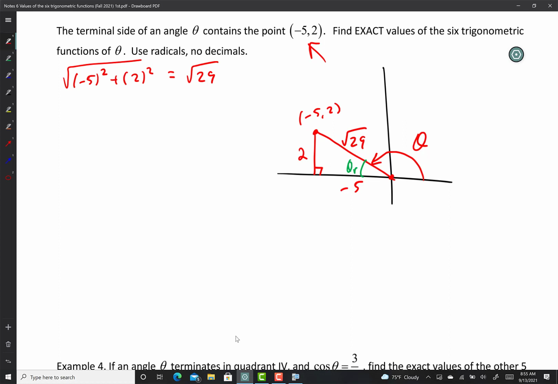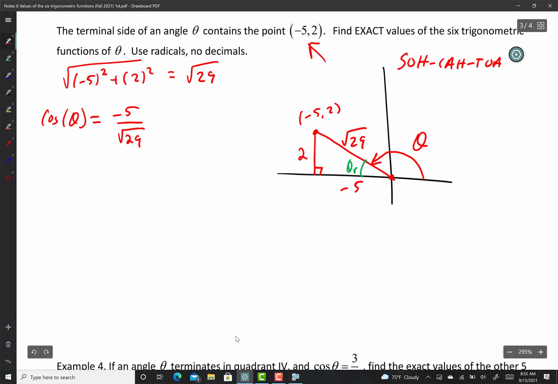All right. Here we go. I'm going to write cosine of this angle. I don't know what that angle is. We're going to use our reference to help us out. Chavez, what are you doing? I'm doing Sohcahtoa. Cosine is adjacent over hypotenuse. Look at that green angle. What's adjacent? -5. What's hypotenuse? There it is.